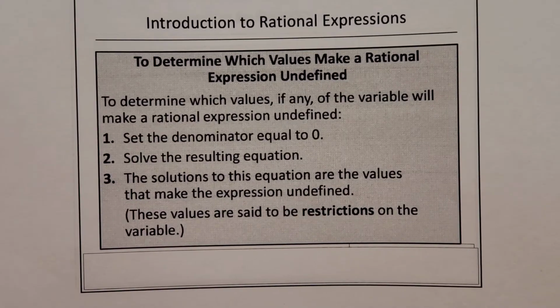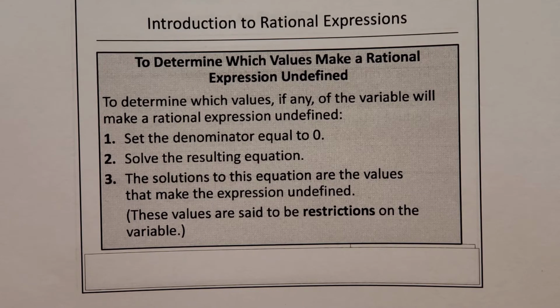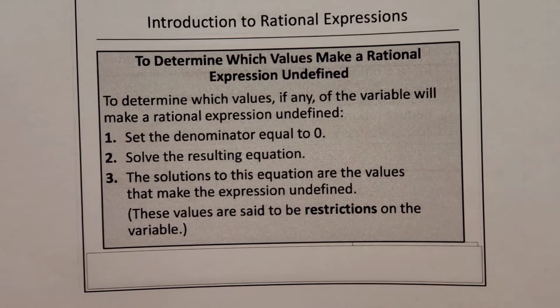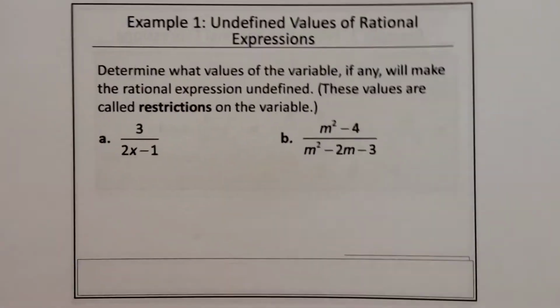To determine which variables make a rational expression undefined, you're going to set the denominator equal to 0. You're going to solve the resulting equation. The solutions to this equation are the values that make the expression undefined. And these values are going to be called restrictions.